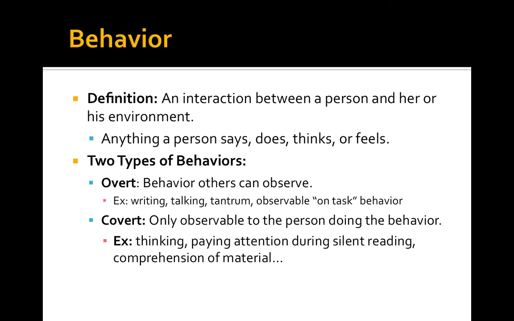But it was hard for me really to measure that because that's one of those covert behaviors. Another example is comprehension of material. So if students are listening during a lecture, it's hard for me to determine if students are actually comprehending what I'm saying or if it's just going over their head or in one ear and out the other.